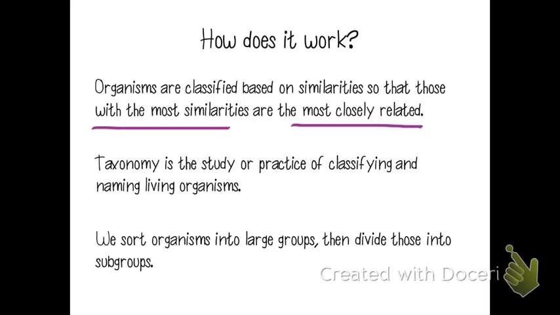We call this the study of taxonomy. Taxonomy is the practice of naming and organizing organisms. We organize these organisms into large groups and divide those into subgroups based on what those organisms have in common.